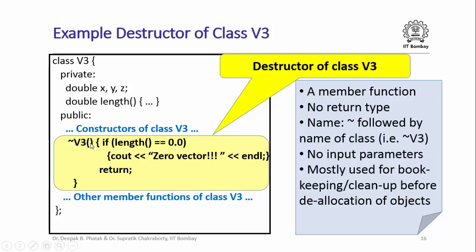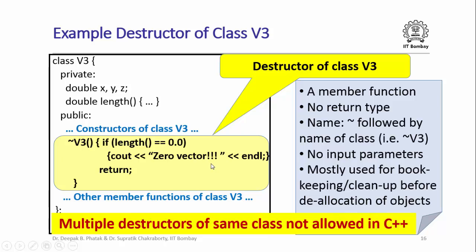A destructor function does not accept any input parameters, and it is mostly used for bookkeeping and cleaning up before deallocation of objects, but here it is doing something very trivial. There is no bookkeeping or cleaning up to be done here, so it simply checks the length of a vector, and if it is 0, it prints out 0 vector. Note that multiple destructors of the same class are not allowed in C++.